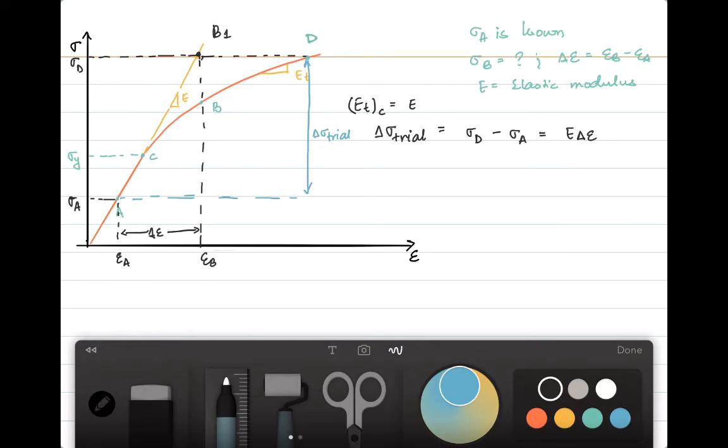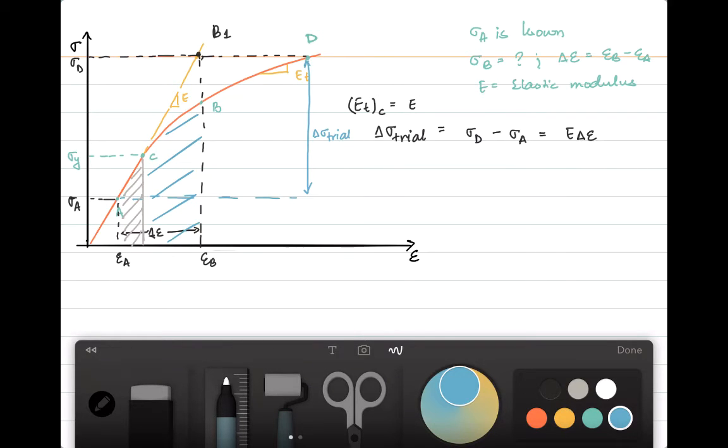However, only a fraction of this is purely in the elastic region, and it lies before the point of yielding. So if I have to draw this out on the curve, I would say that out of this delta epsilon, only this area is actually lying in the elastic region, while the rest is lying in the plastic region, which is this part.